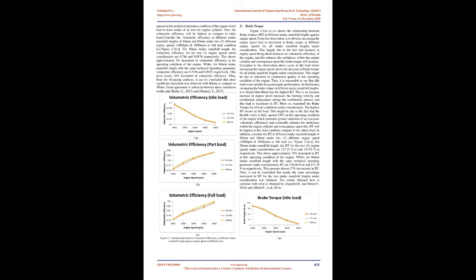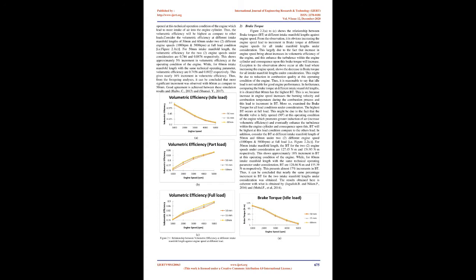While for 60 mm intake manifold length with the same operating parameters, volumetric efficiency is 0.7456 and 0.8922 respectively. This gives nearly 16% increment in volumetric efficiency. Thus, from the foregoing analyses, it can be concluded that a more significant increment was observed with 60 mm as compared to 50 mm. Good agreement is achieved between these simulation results and Habo C.